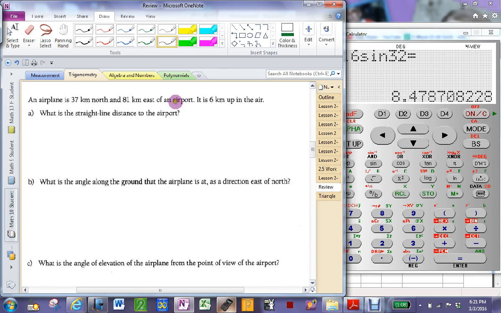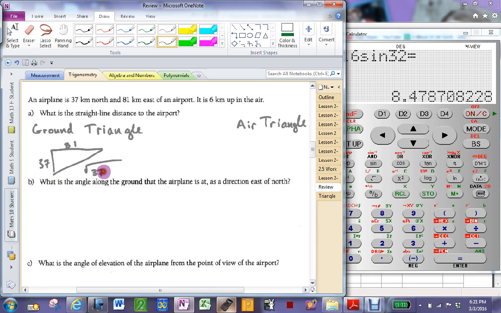Now, the airplane. Please remember, there's a ground triangle and an air triangle. The ground triangle is 37, 81. So I need this side. So it's the square root of 37 squared plus 81 squared to get 89.